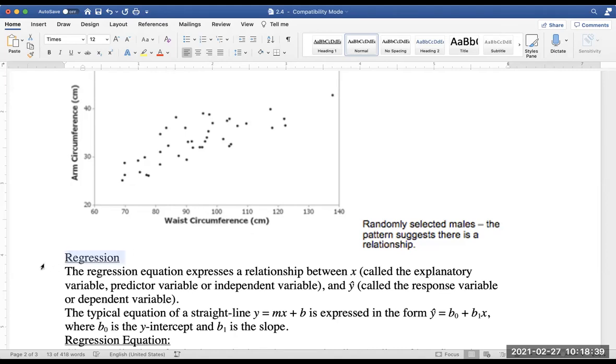So regression. The regression equation expresses a relationship between the explanatory, predictor, independent variable x and y, the response, dependent variable.